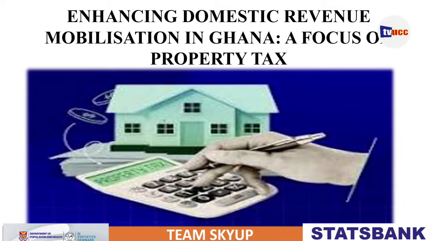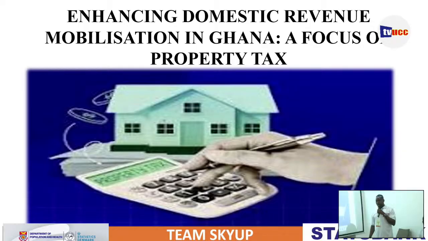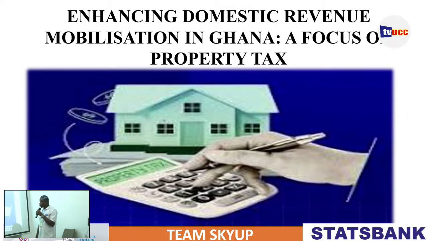We have realized that literature has attributed economic growth to tax mobilization, and so analysis of reports, financial statements and budgets of district assemblies show that the revenues accruing from property tax are dwindling. So for instance, in 2022, the amount projected was 64 million Ghana cedis, but out of that, only 39.39 million was realized at the end of the year.